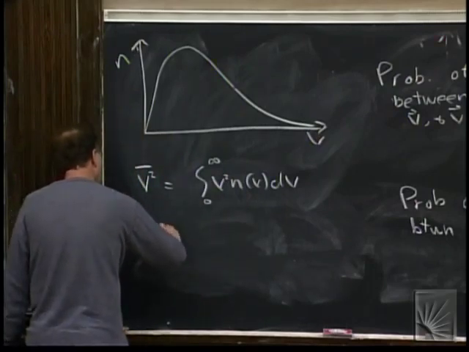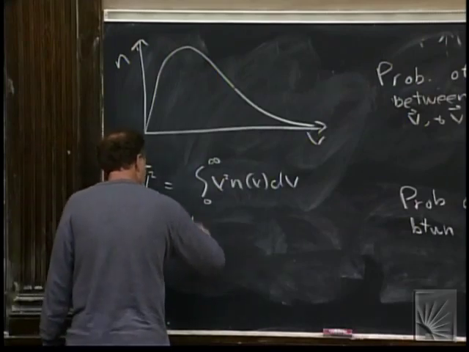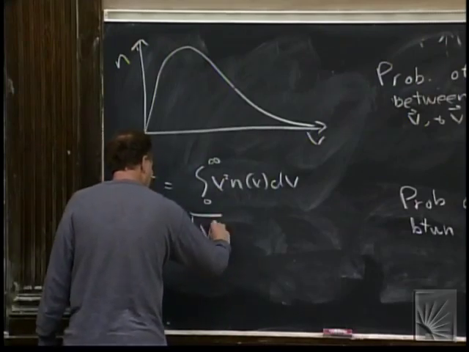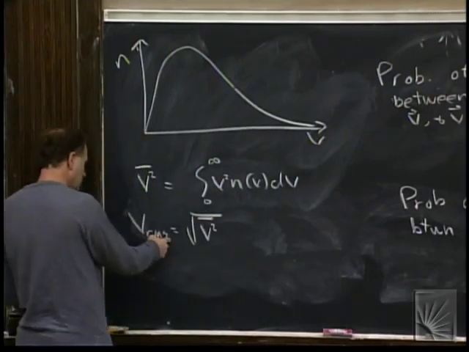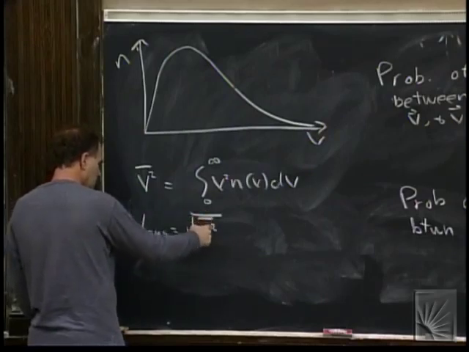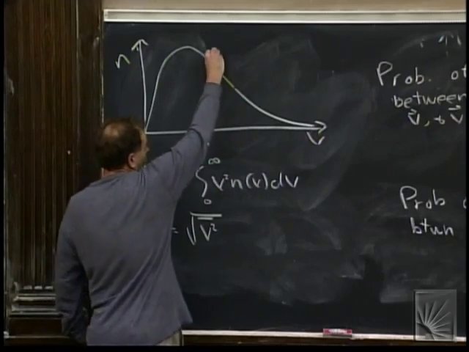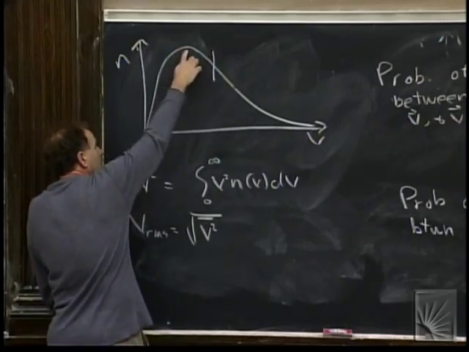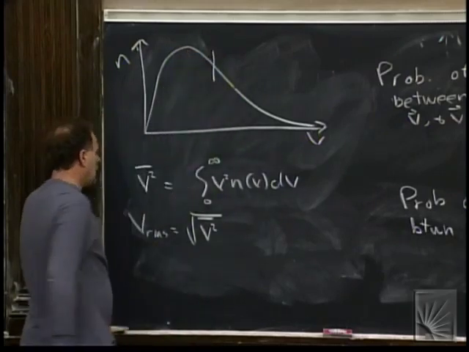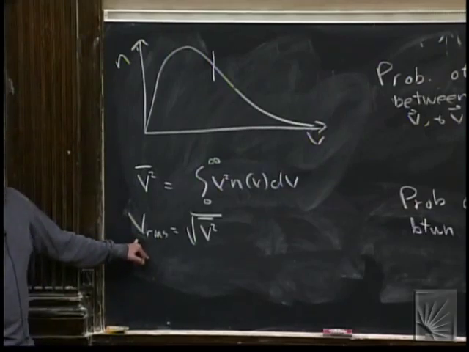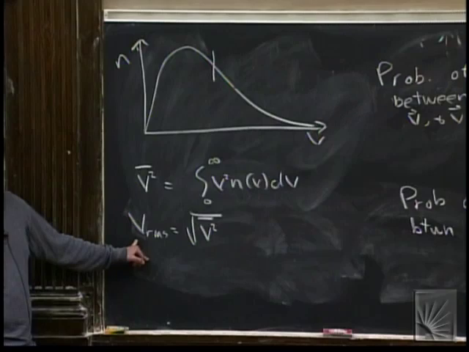VRMS is just the square root of v average squared. That's what it means, root mean square. And that's a number that is typically about right there. You could ask, what's the peak? That's not so meaningful. VRMS is sort of the most physically meaningful average that you can get out of it.